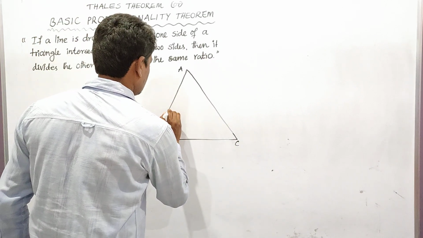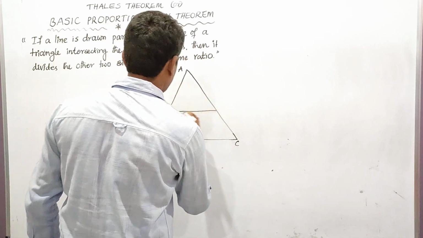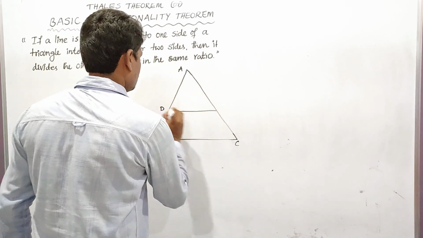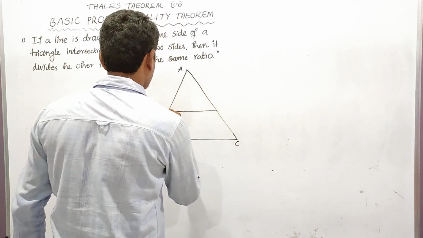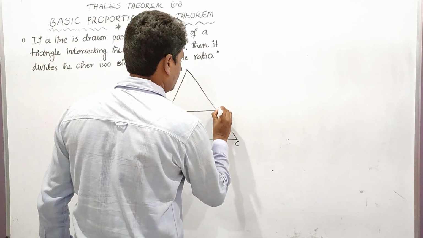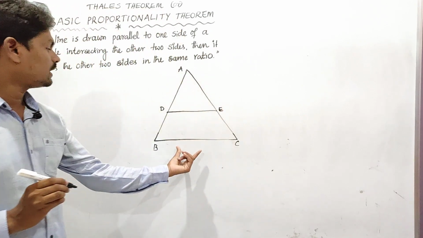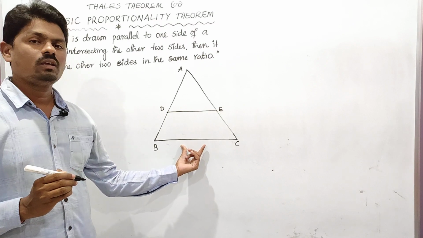So I am drawing a line DE. So see student, I have drawn a line DE which is parallel to BC.